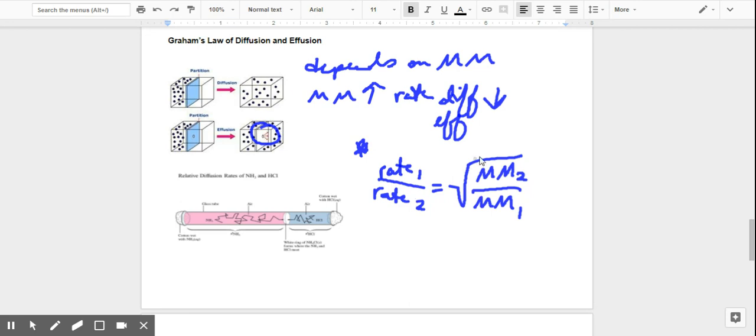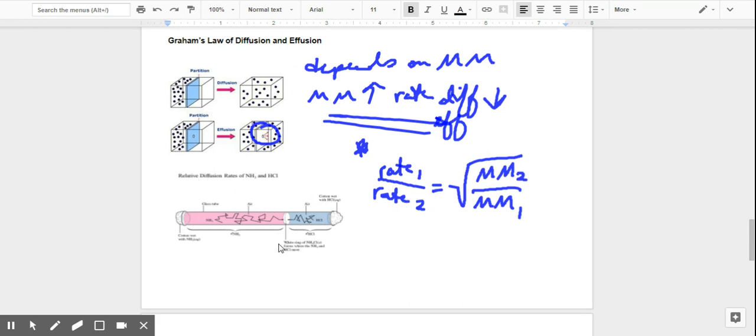So you could have 3 pieces out of the 4 and solve for an unknown. The big idea here is just knowing this relationship, and every now and then they have you calculate a rate or a molar mass accordingly.